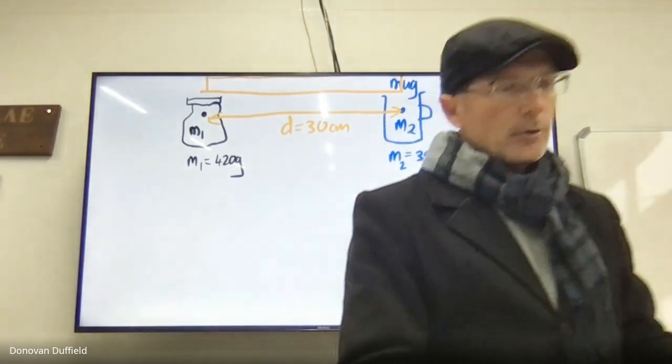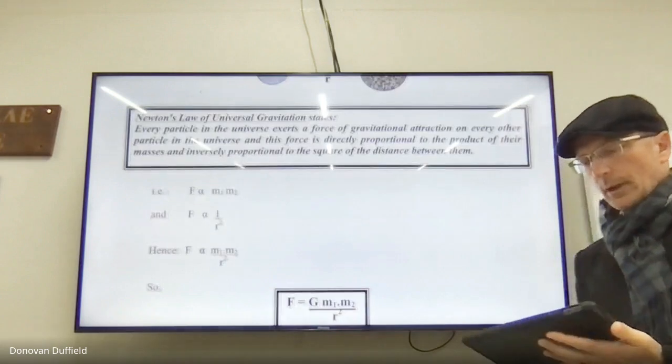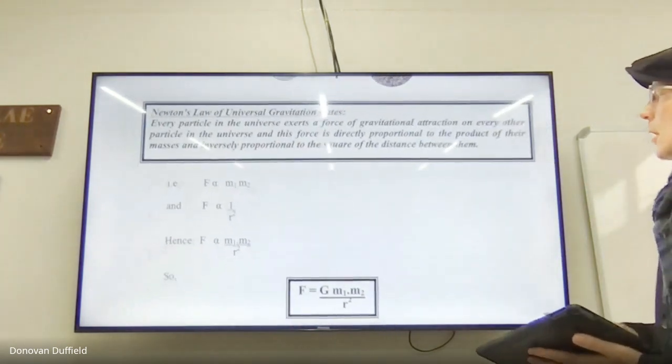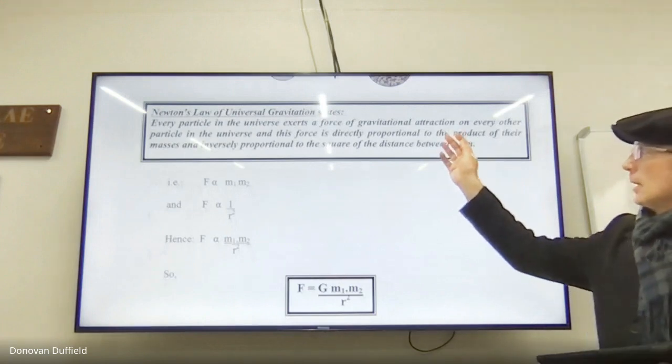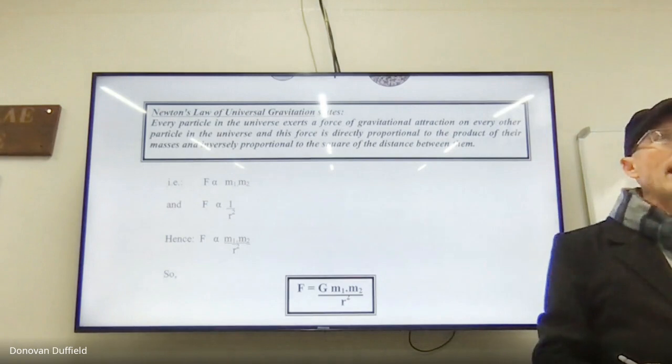So let's go now and look at what Newton's law of universal gravitation says. It says that the force of attraction is directly proportional to the product of the masses.